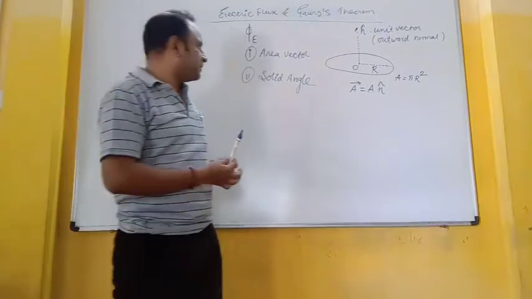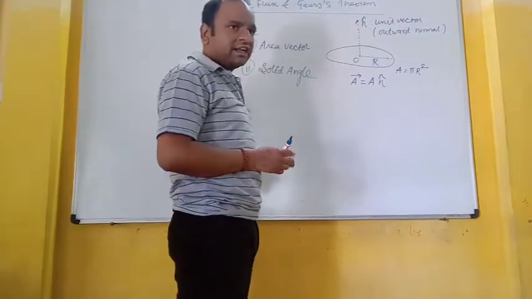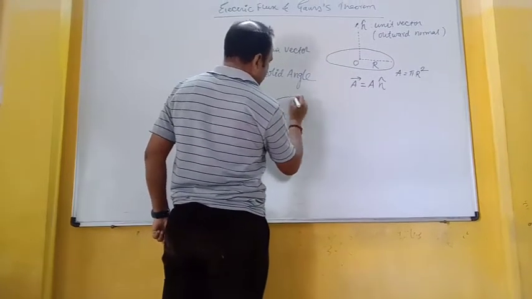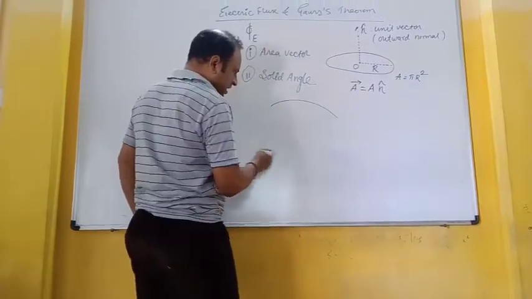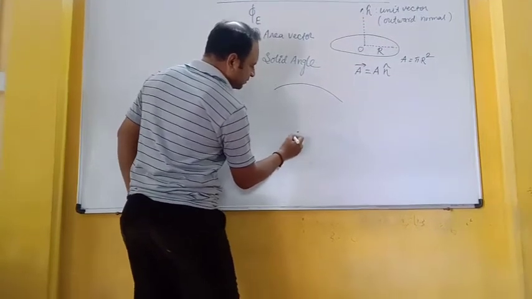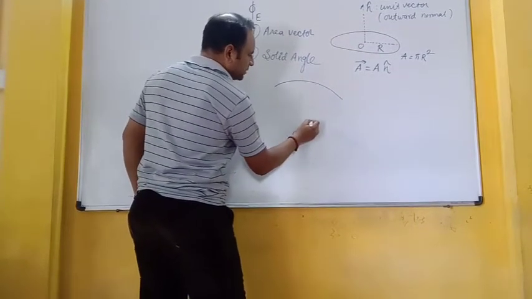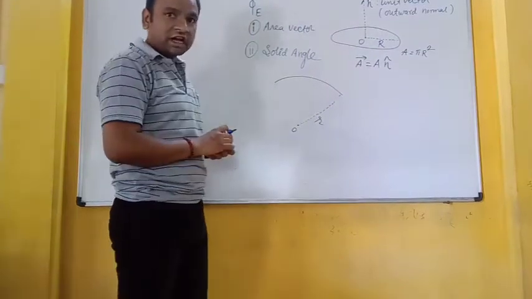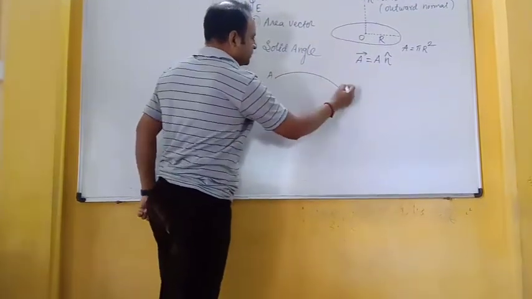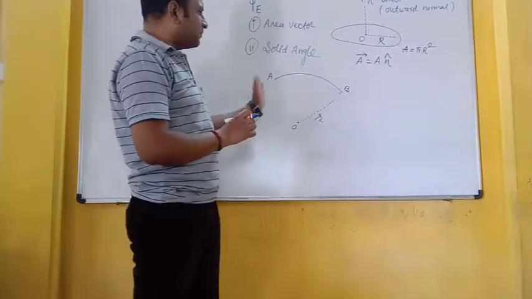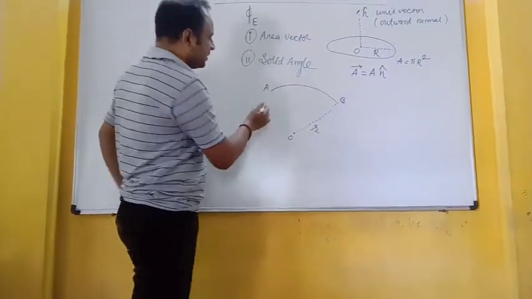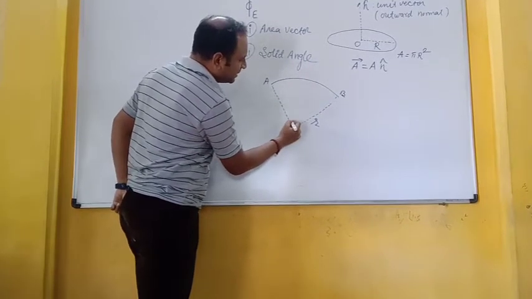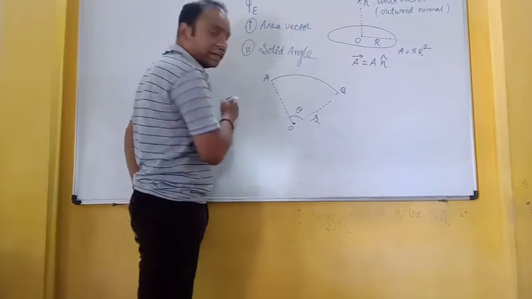Up to this point, we know what an angle is. For example, if I take a circular arc, and suppose this is the center of that circular arc O, and this R is the radius of the circular arc, and I give this circular arc the name AB, then the angle that this circular arc subtends at the center, we write as theta.